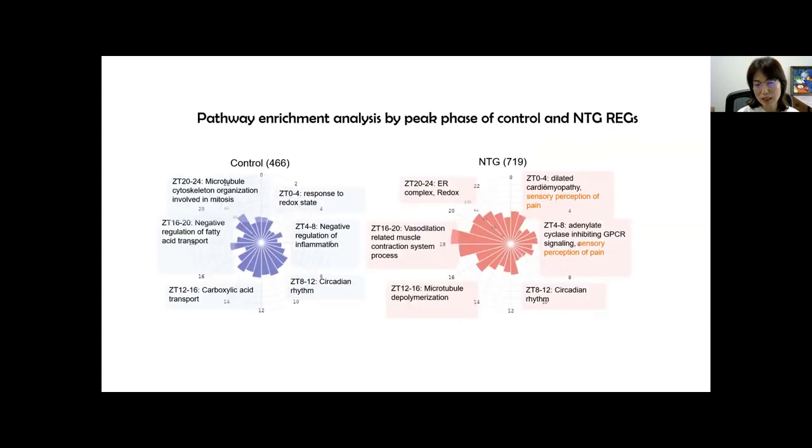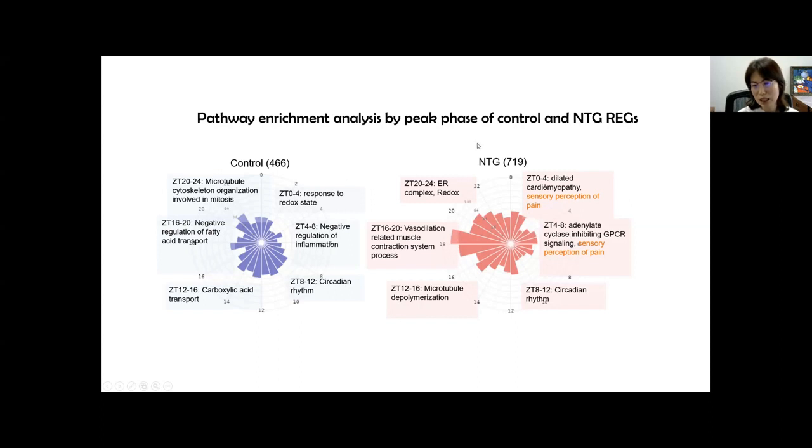And we take one more step to do more circadian analysis. Basically, we are grouping them by their peak phase, from ZT0, from the early morning, so this is the beginning of the day, to the nighttime. We're grouping them according to their peak phase of cycling genes. And then you can see the different events accumulating at different time points.